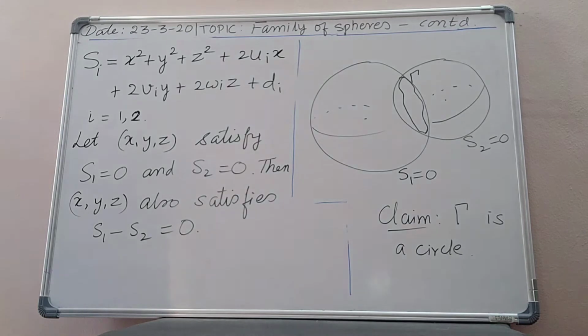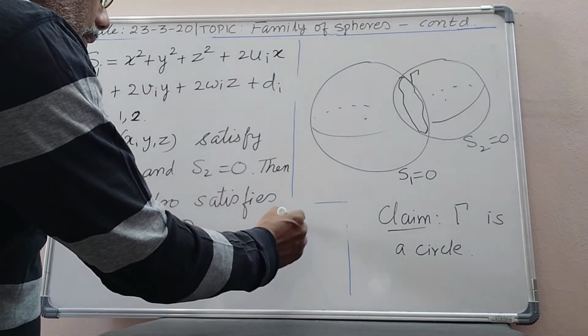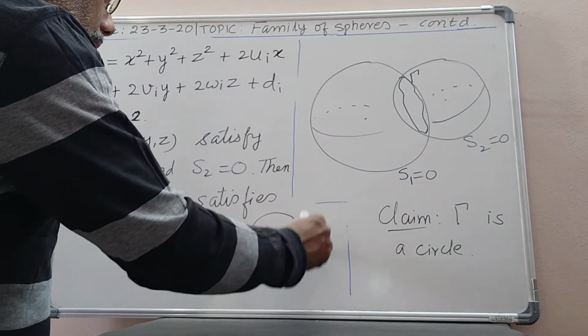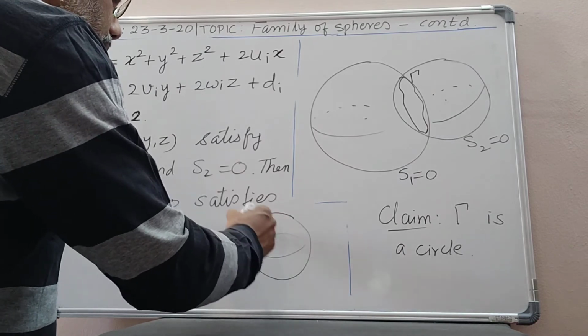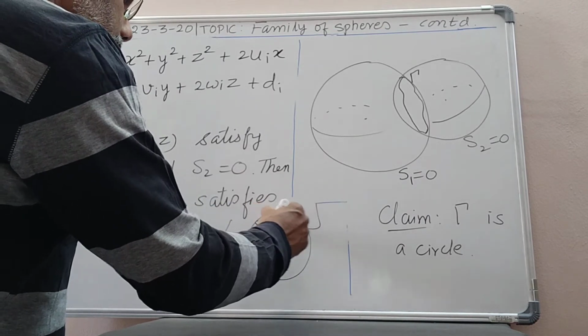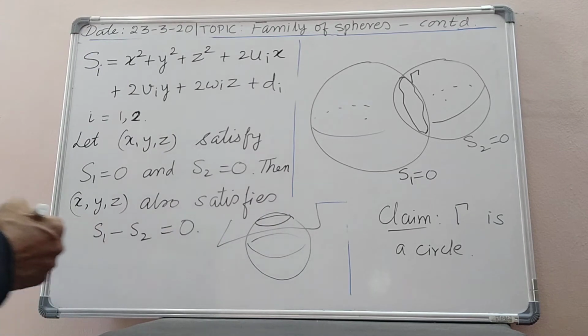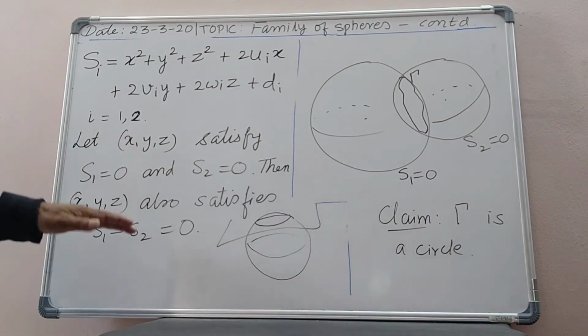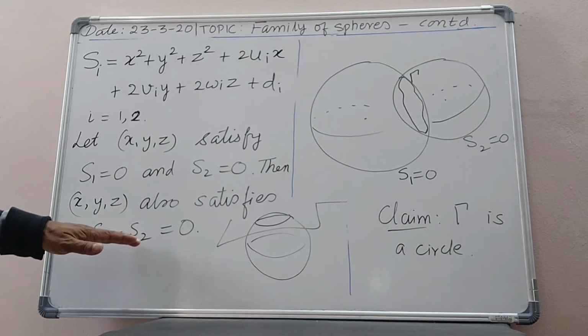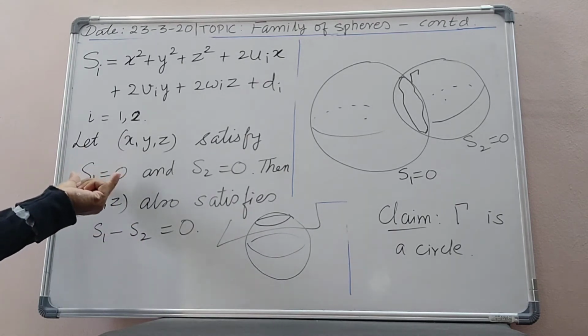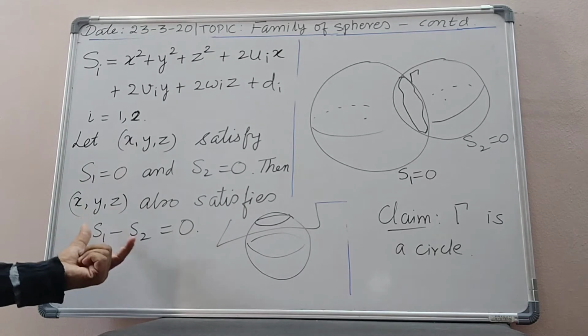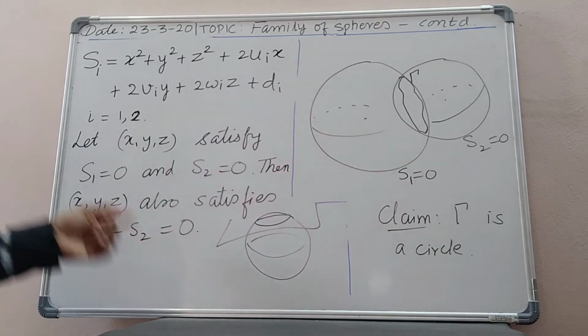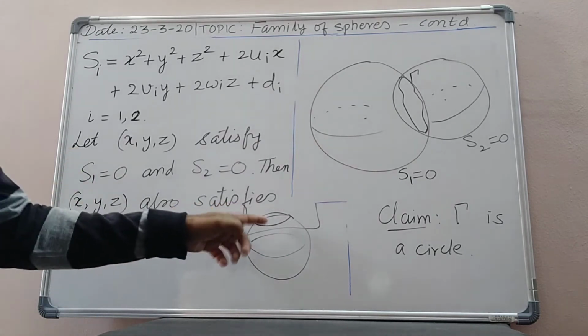But then we know that the intersection of a sphere and a plane is a circle. Alright. So the points which are common to the two spheres are also on this plane. Alright. But S1 equal to 0 is a sphere, S1 minus S2 equal to 0 is a plane, and points which are common to these two must be a circle.